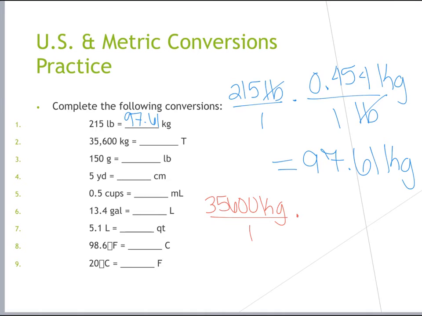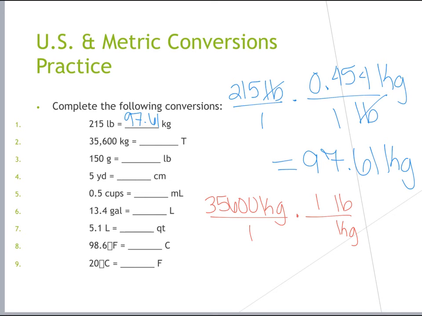Again, go back to your table. You'll notice that kilograms to tons is not on there, but you do know how many kilograms is in a pound, and then you can do pounds to tons. So I have kilograms. I'm going to go from kilograms to pounds.